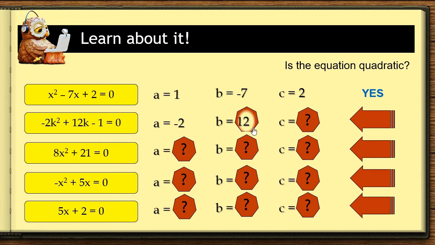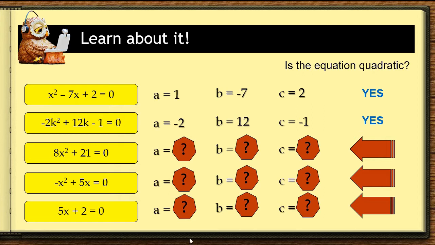So, of course, the answer is positive 12. And the constant in this equation is obviously negative 1. So, take note of the sign of each term. Is the equation also quadratic? Yes, it is also a quadratic equation.